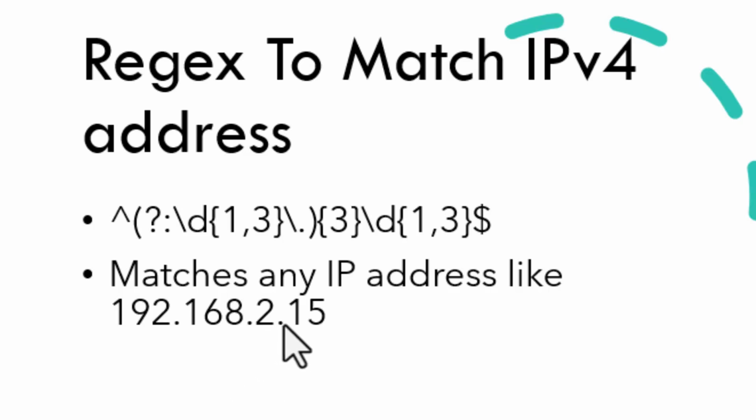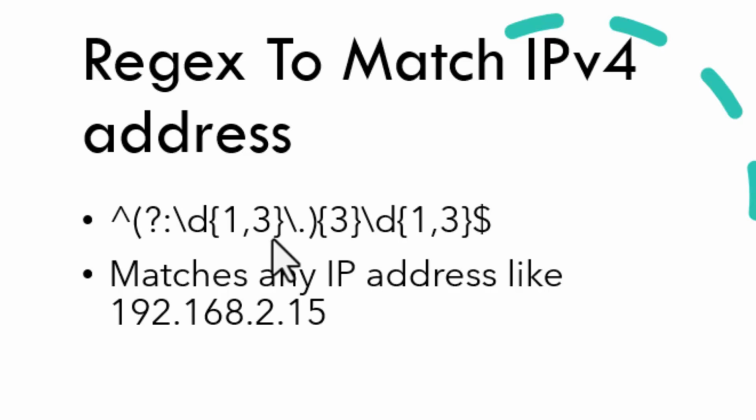So our expression starts with a caret sign, which is an input boundary assertion, meaning the input string must start with a match to our following expression. Next here we have a non-capturing group, which means a group which we don't intend to use later in the regular expression, and its sub-expression says backslash d curly braces 1, 3, which means any single digit number that appears 1 to 3 times.